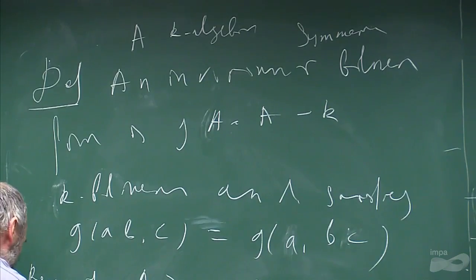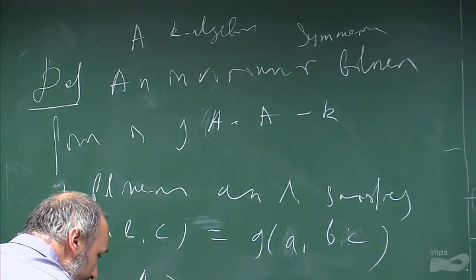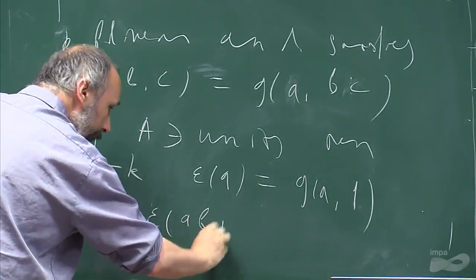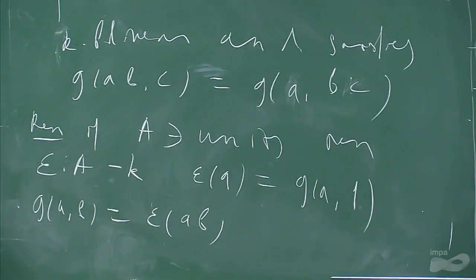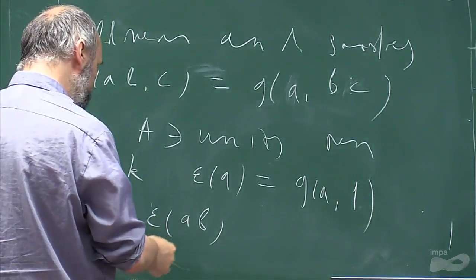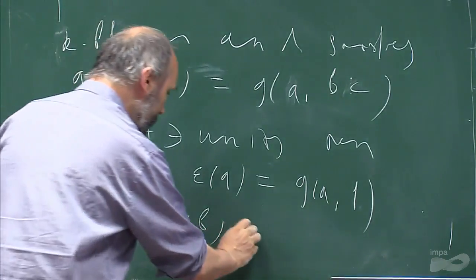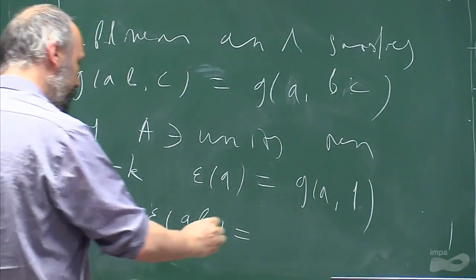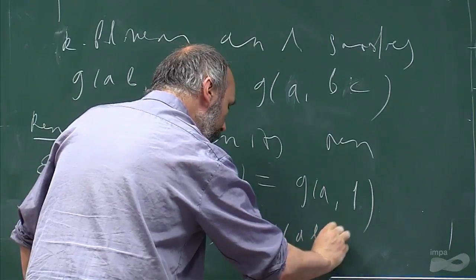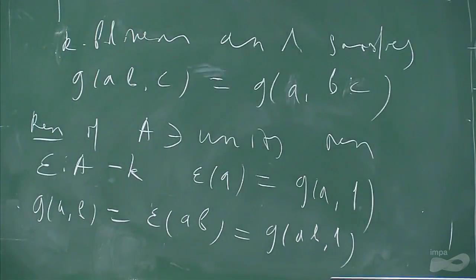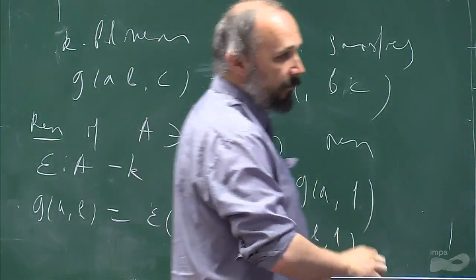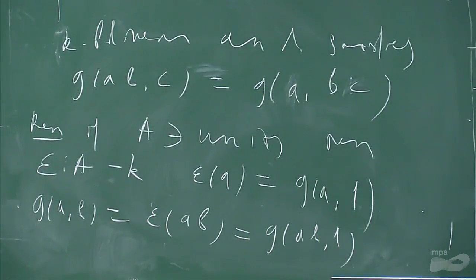If it has unity, then G of (A, B) is equal to epsilon of AB, right? You just move, oops, sorry, A. Yeah, because it's the same as G of (AB, 1). So if you have unity, then it's the same as just a linear form.